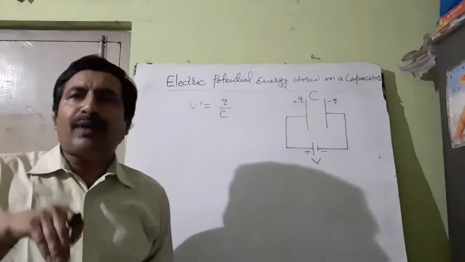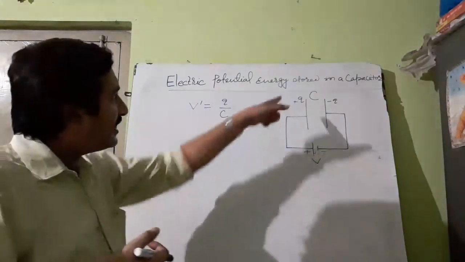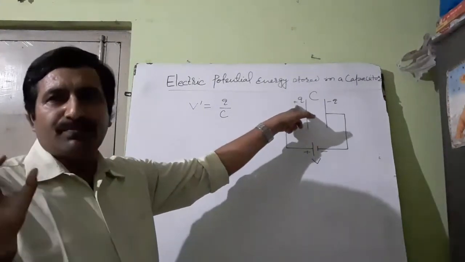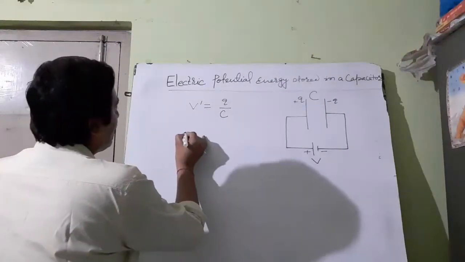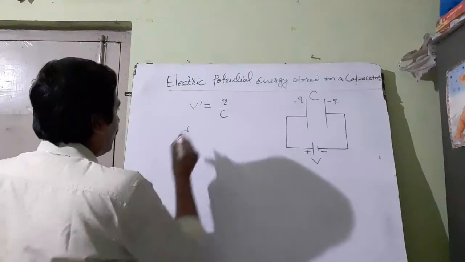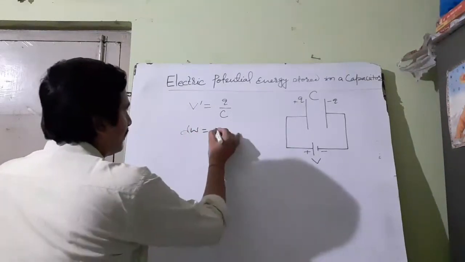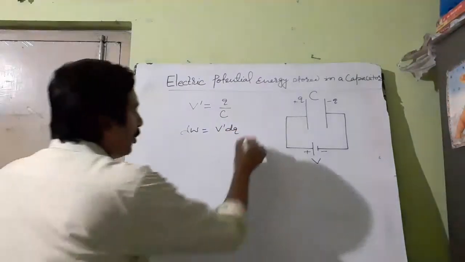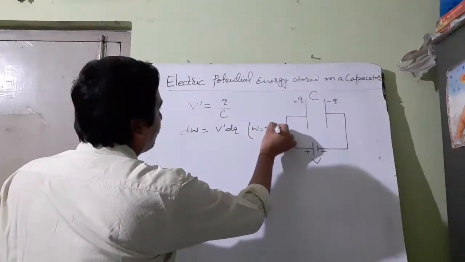So the amount of work done in charging it with plus dQ will be given by dW. dW is equal to V dash dQ, because you know W is equal to QV.